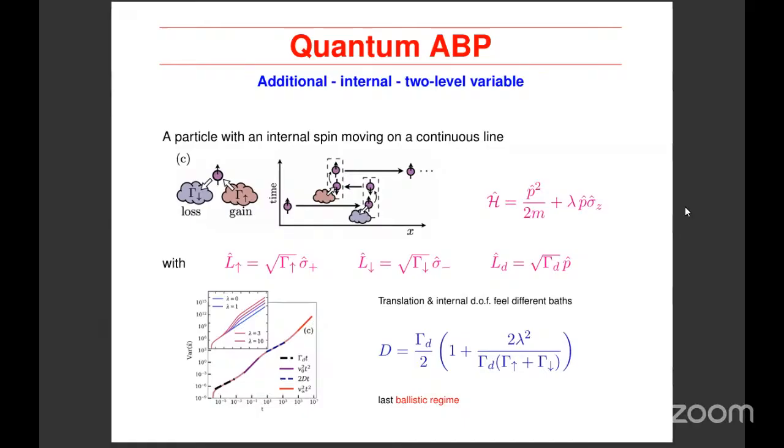Just in one dimension, you could put some sites and do it on the discrete, with the coin being the spin. Maybe. We didn't do it. No, we haven't thought about that one. You could also look at this kind of behavior. I understand.